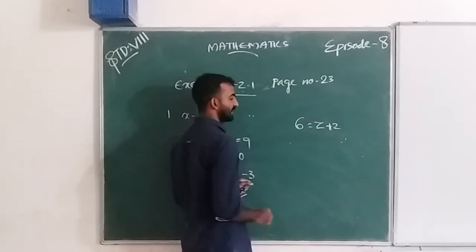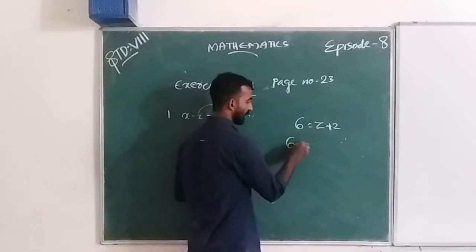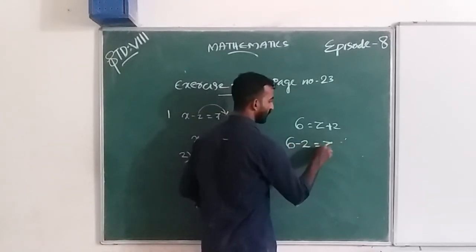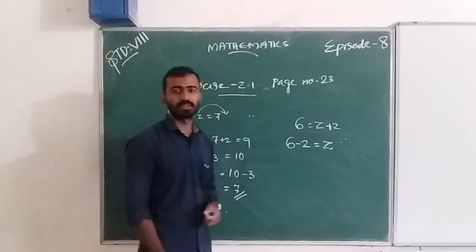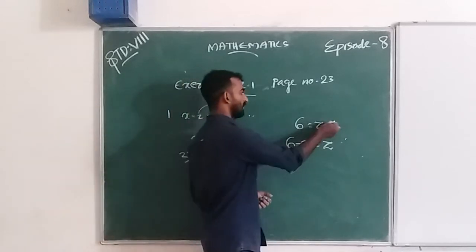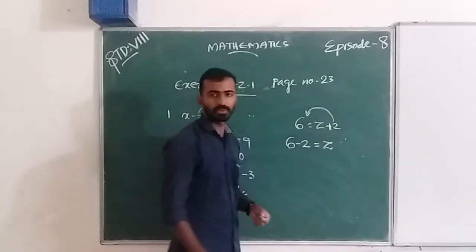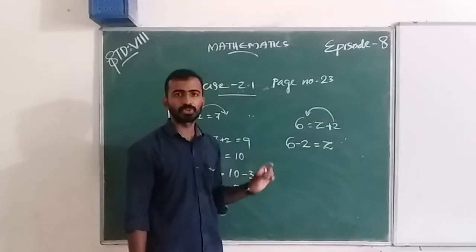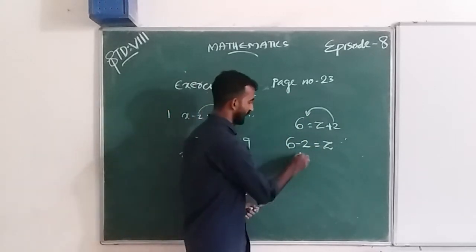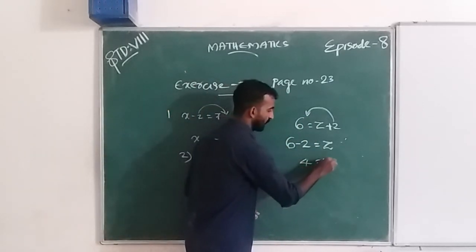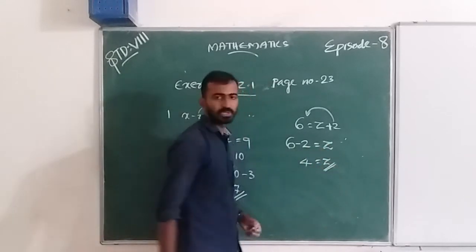That is, we can write 6 minus 2 equal to z. Here 2 goes to the left side of the equation. That is 4 equal to z.